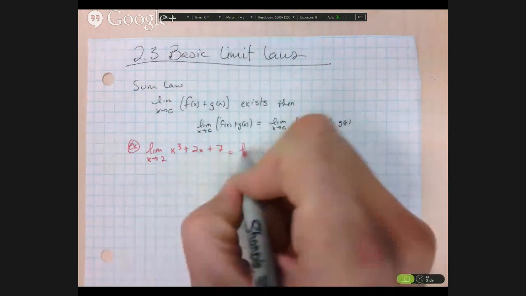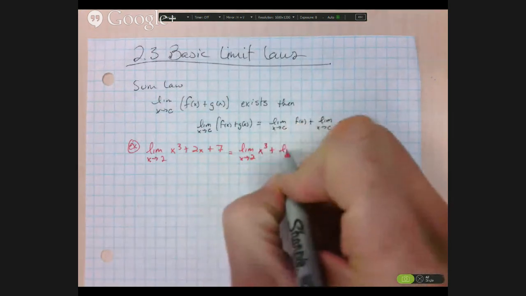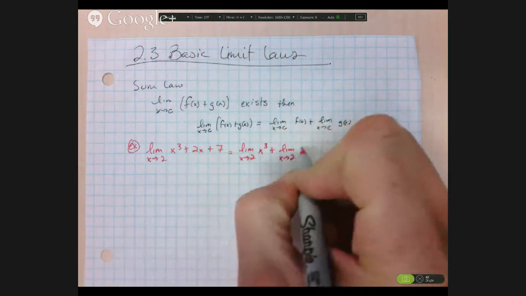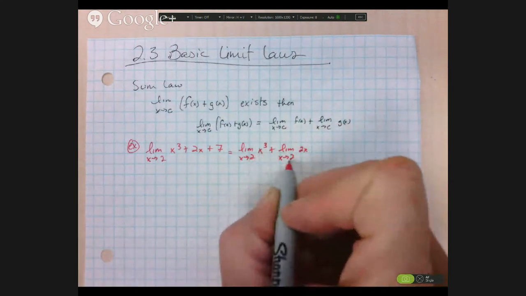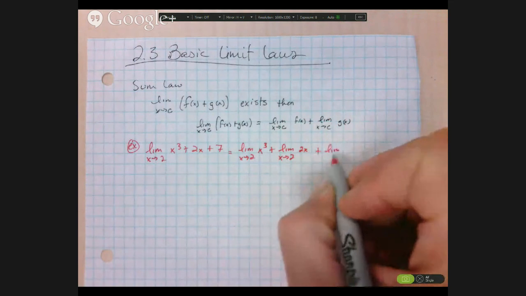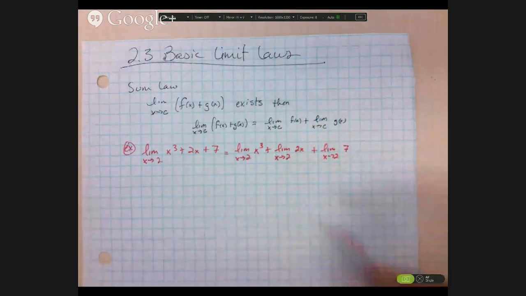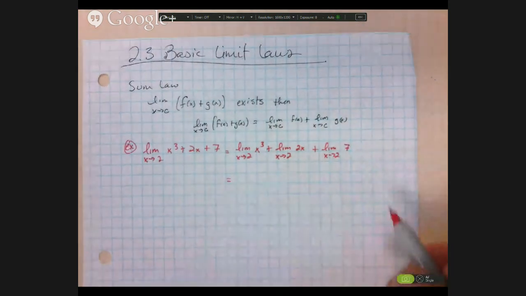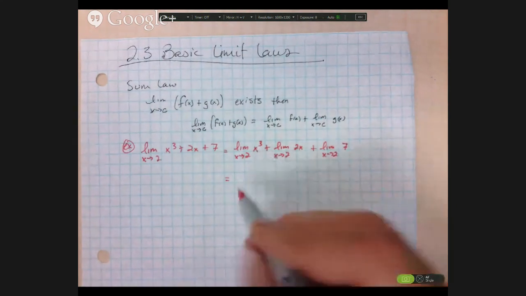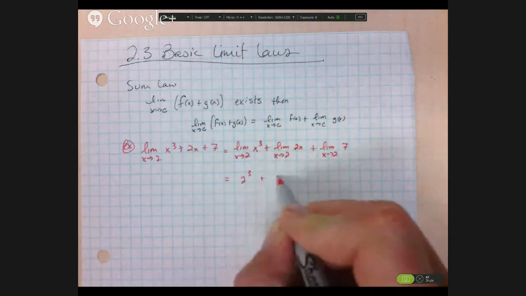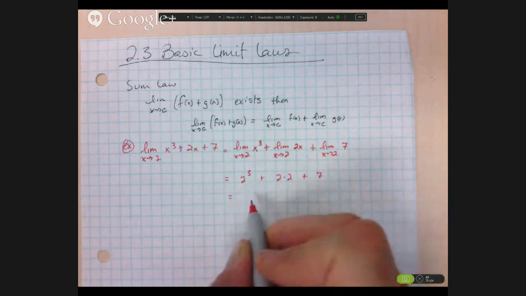This is the same as the limit as x approaches 2 of x cubed plus the limit as x approaches 2 of 2x plus the limit as x approaches 2 of 7. Okay. And this one we can just plug in. So 2 cubed, 8, 4, and 7 is 19.